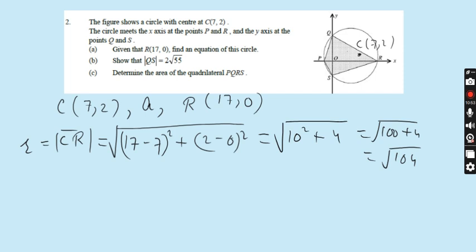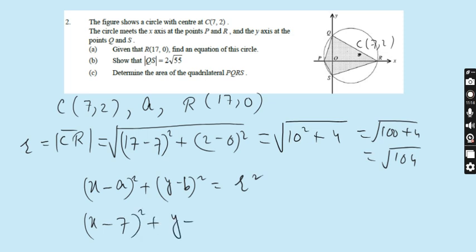Now we have center and radius, so we use the standard form of the circle, that is (x minus a) whole square plus (y minus b) whole square is equal to r square. A is the x value of the center, b is the y value of the center, and r we just found, square root of 104, squared from the formula.